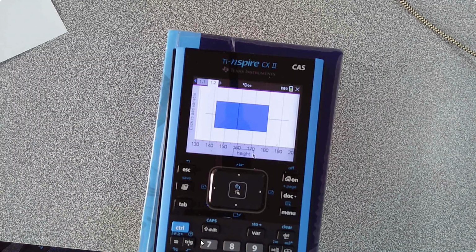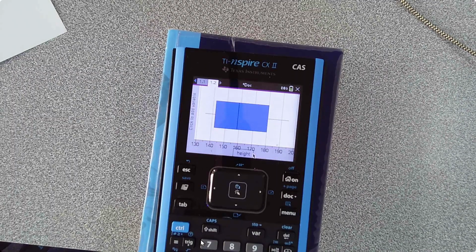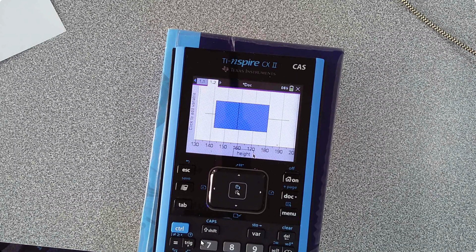Yeah. Is this it? Yeah, it is. Just make sure the computer's turned on.